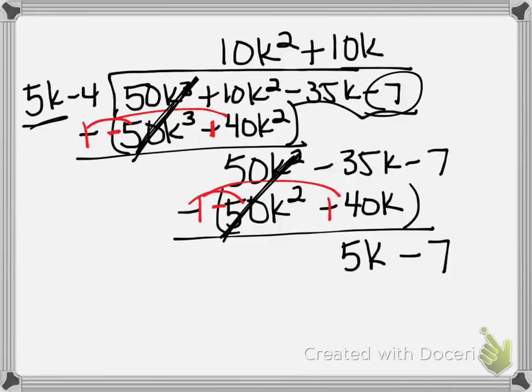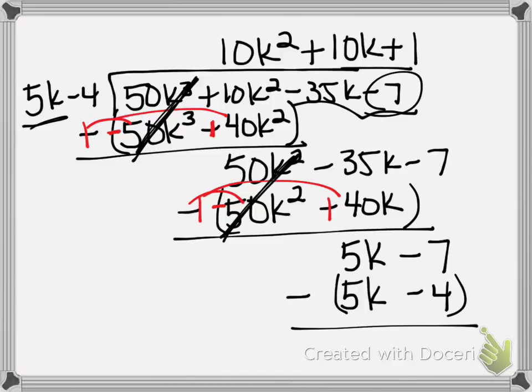And so then I have to ask myself, what times 5k gives me 5k? Well, that's a positive 1. So 1 times 5k is 5k. 1 times negative 4 is negative 4, and I need to subtract this whole binomial, so I need to distribute that negative so our signs are all good.